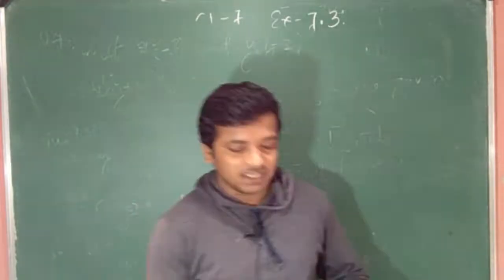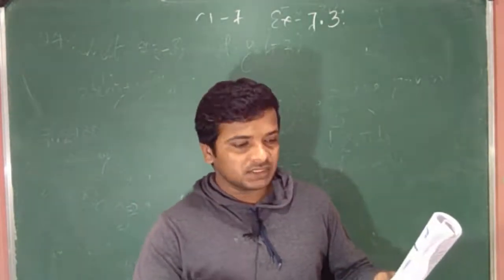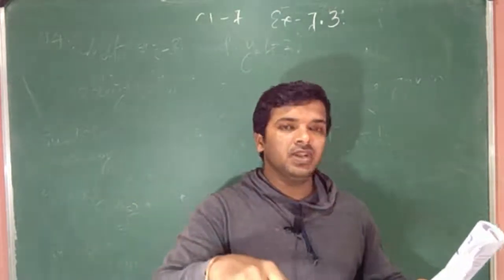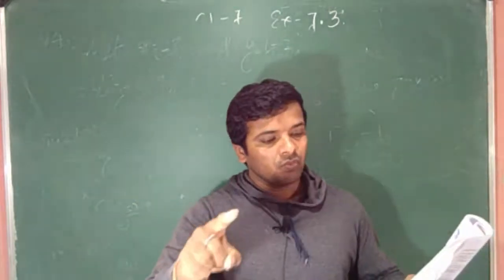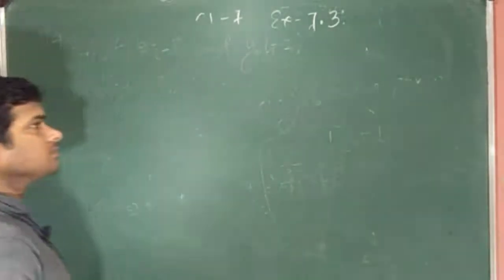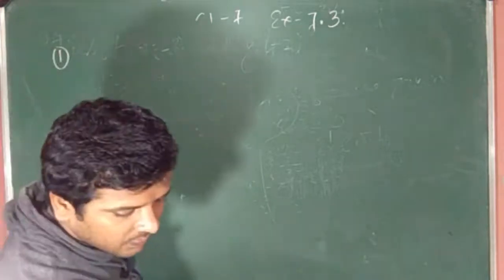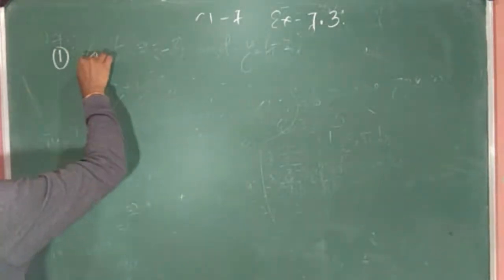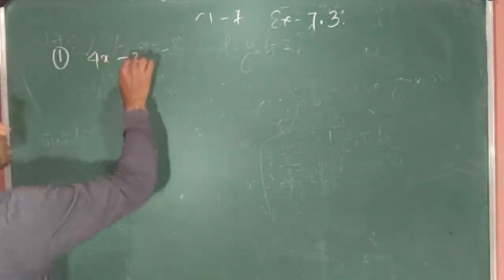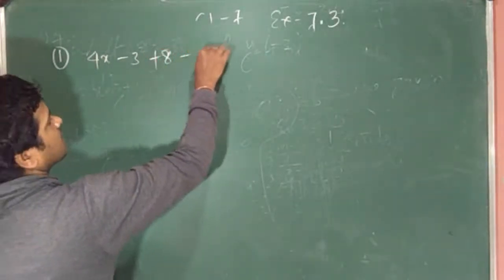Question number 5 says: simplify the following expressions and then find their values when x is 2. The first question is 4x minus 3 plus 8 minus 5x.